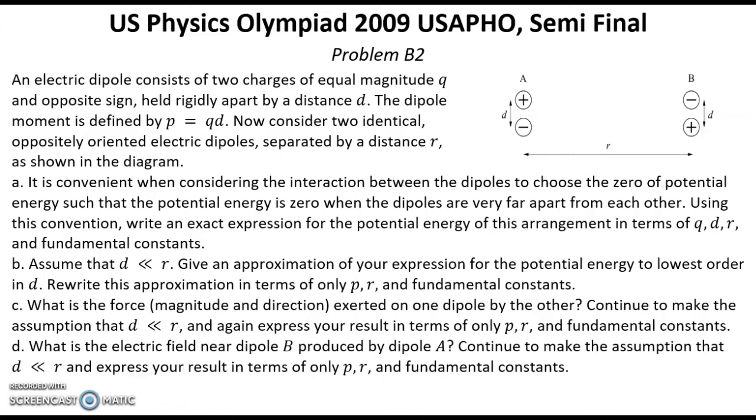Now consider 2 identical oppositely oriented electric dipoles separated by a distance r, as shown in the diagram. Question A. It is convenient when considering the interaction between the dipoles to choose the zero of potential energy such that the potential energy is zero when the dipoles are very far apart from each other.